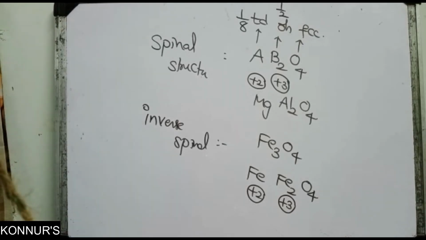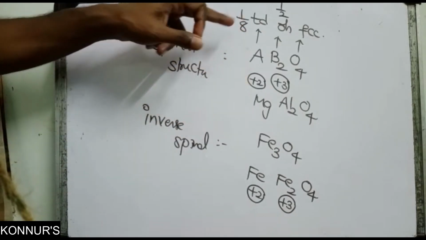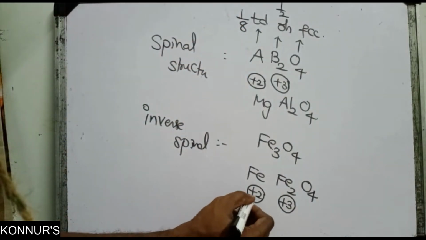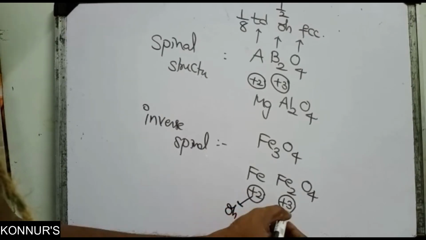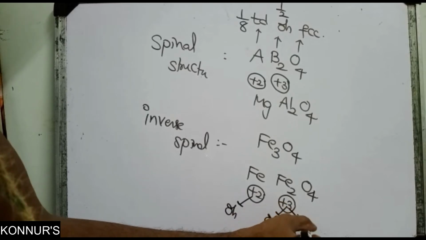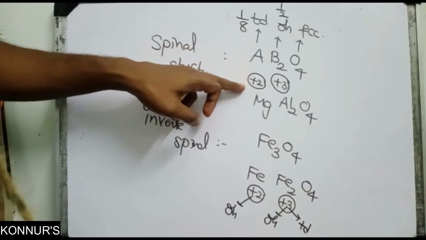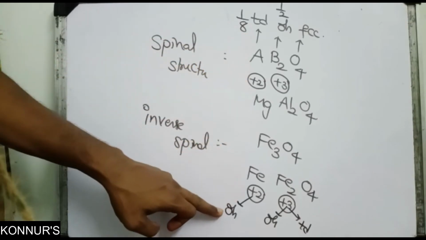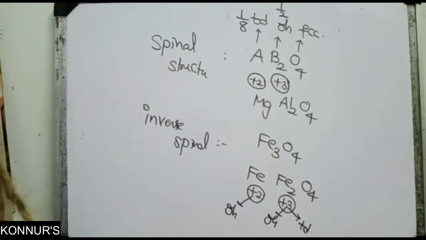In the normal spinel, plus 2 is occupying 1 by 8 of tetrahedral voids, but here Fe plus 2 is occupying octahedral. One Fe plus 3 is octahedral, another is tetrahedral. So previously tetrahedral was occupied by plus 2, but here plus 2 is occupying octahedral. The inverse spinel example is Fe3O4.